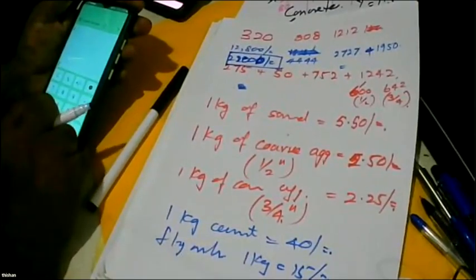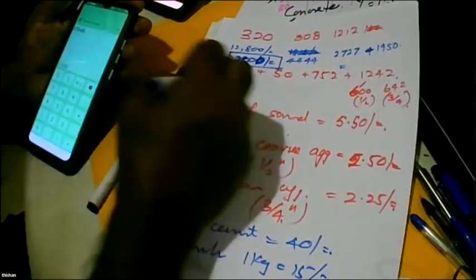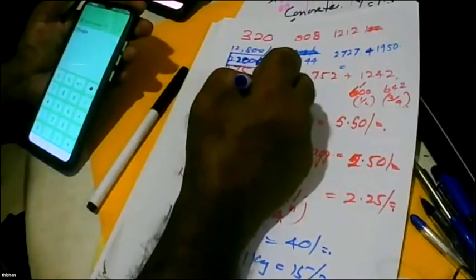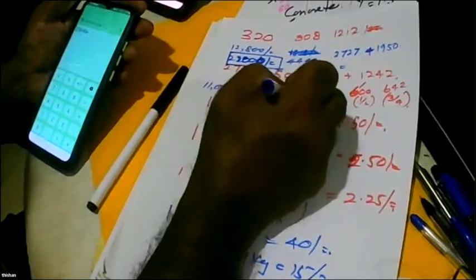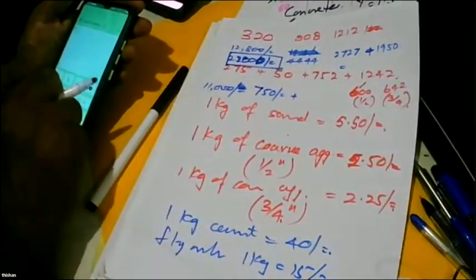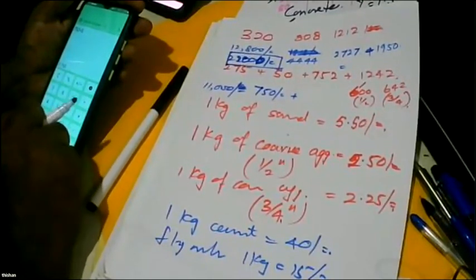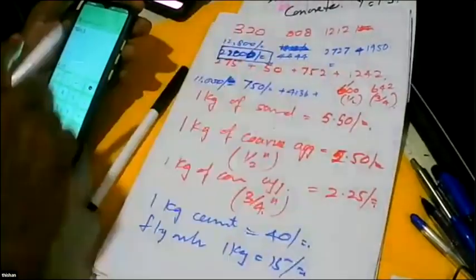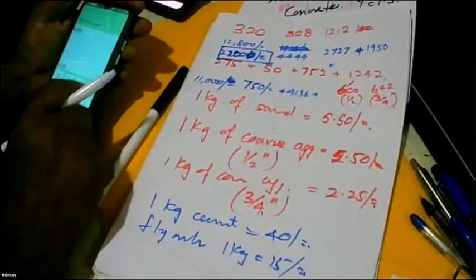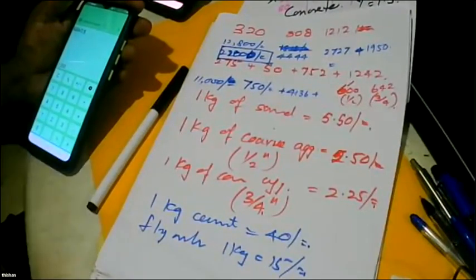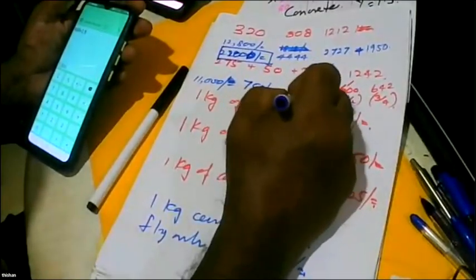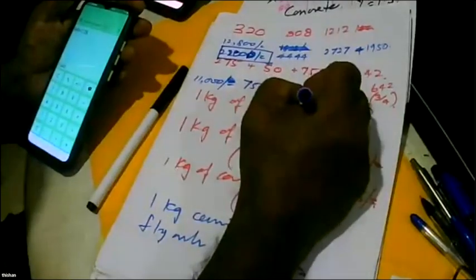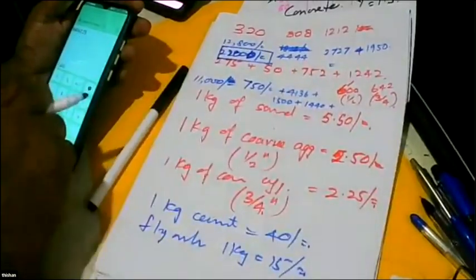So 275 multiplied by 40 is 11,000, plus 50 multiplied by 15, 750, plus 752 multiplied by 550, 4136, plus 600 of 250, because half-inch aggregates are a little more expensive, 1500, plus 640 of 2.25, 1440, plus 1950.